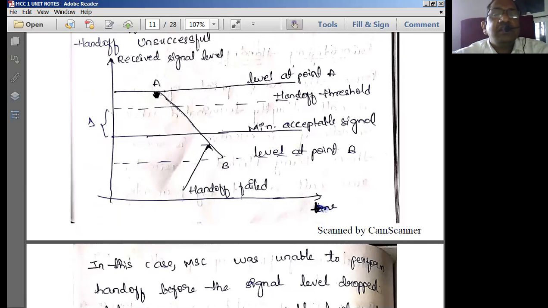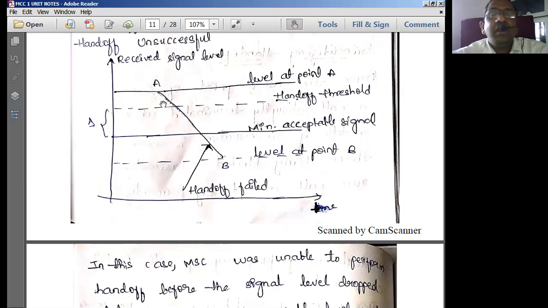The signal strength is dropping for the mobile unit with respect to base station A. It has dropped to the level of the handoff threshold, and dropped below the minimum acceptable level. The cell B coverage area is something like here, so this area it is covering.